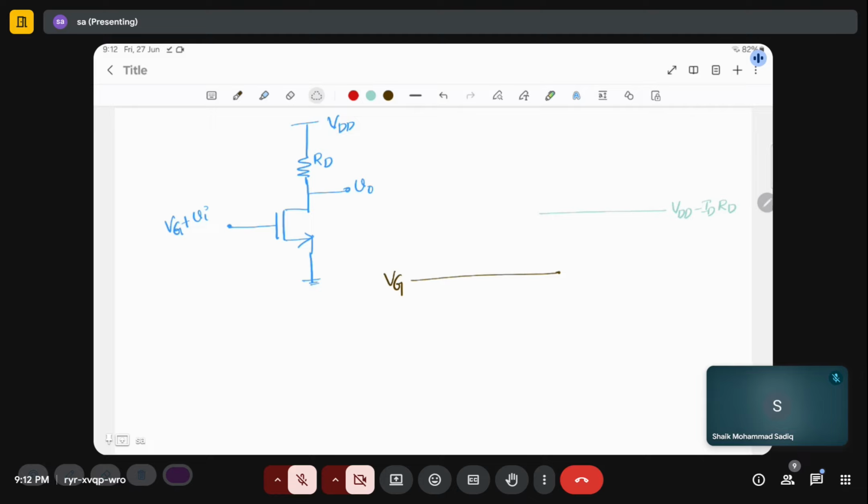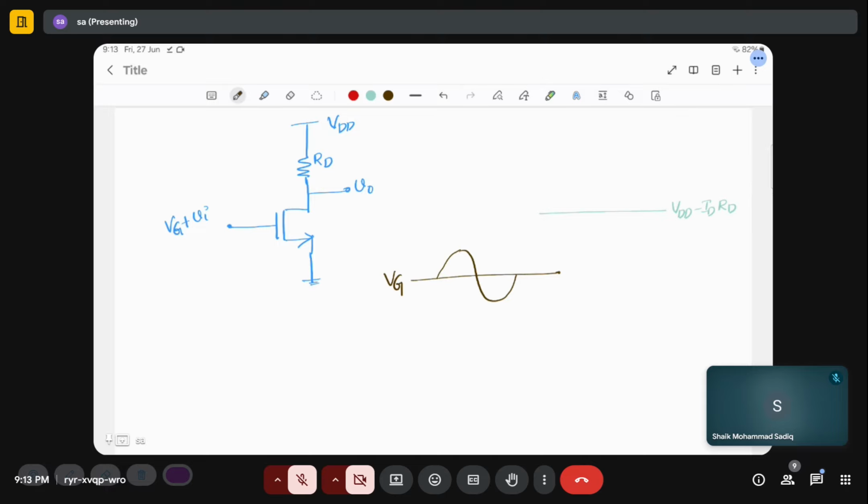Essentially, while we are applying a small signal voltage, you are applying a sinusoidal input voltage.